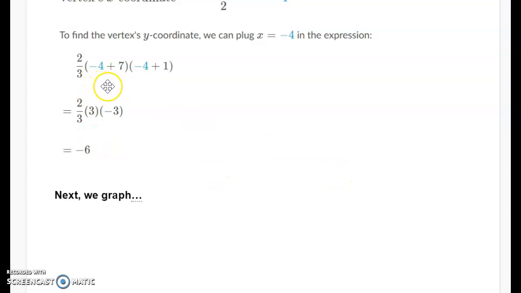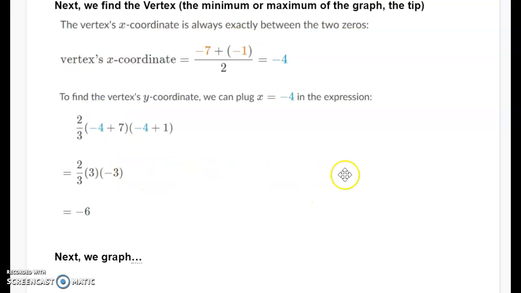Then we do -4 plus 7, -4 plus 1, and then we multiply all these together. 2/3 times 3 times -3, and we get -6. So this point right here, we have the x-coordinate, -4, and the y-coordinate, -6. So that's our point, -4, -6.